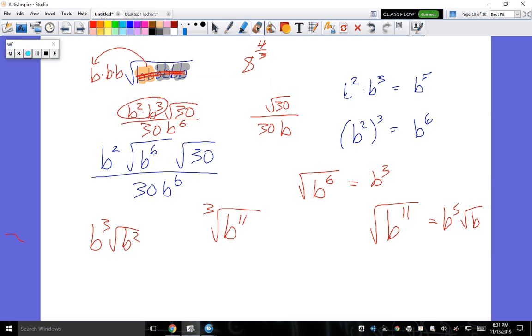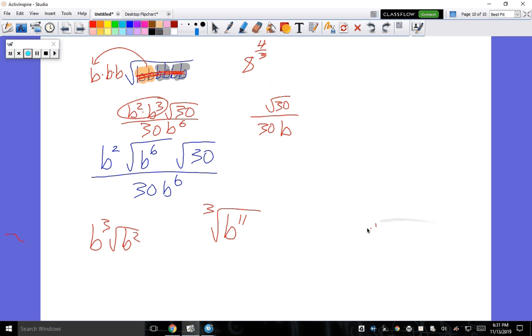I can look at it like 8 to the power of 4, and then cube root that, and that would look like this. What we just talked about, what does that look like?